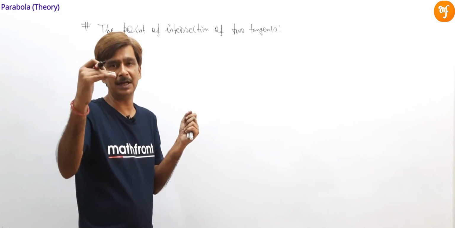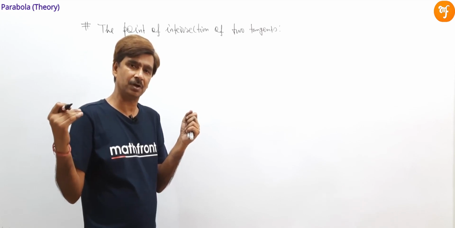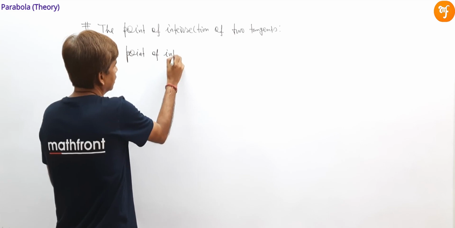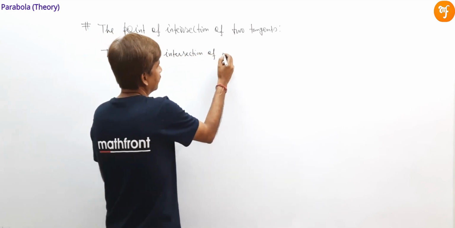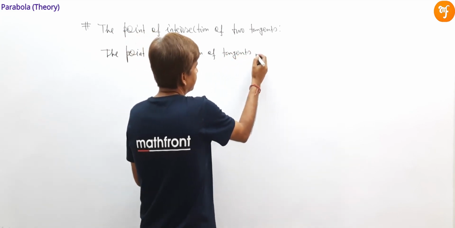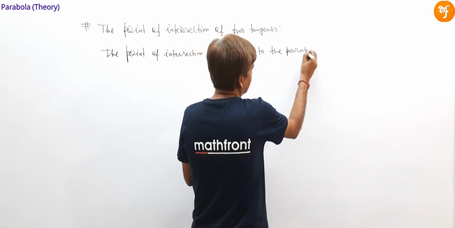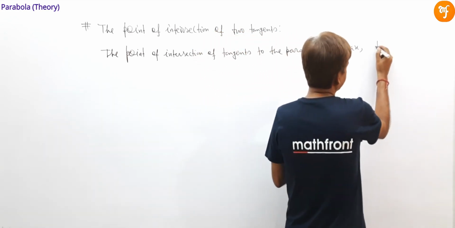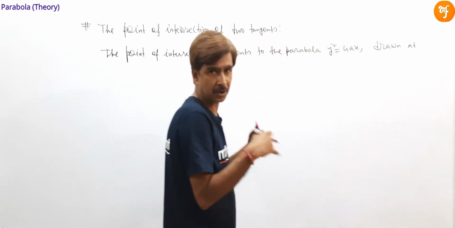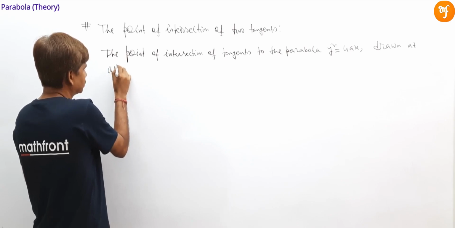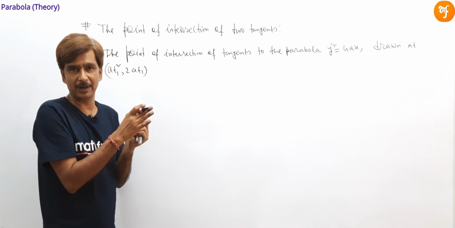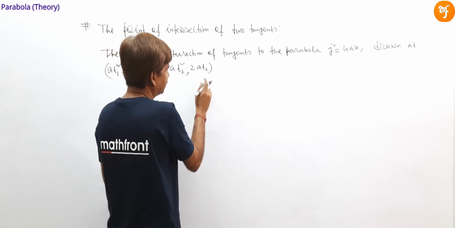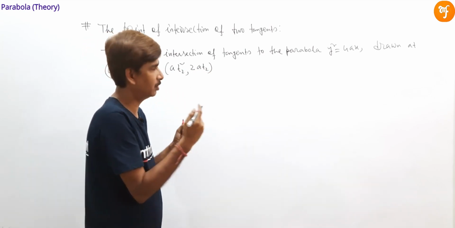That is, one tangent is drawn at (at1 square, 2at1), which is one point of contact, and another tangent is drawn at (at2 square, 2at2), which is another point of contact.